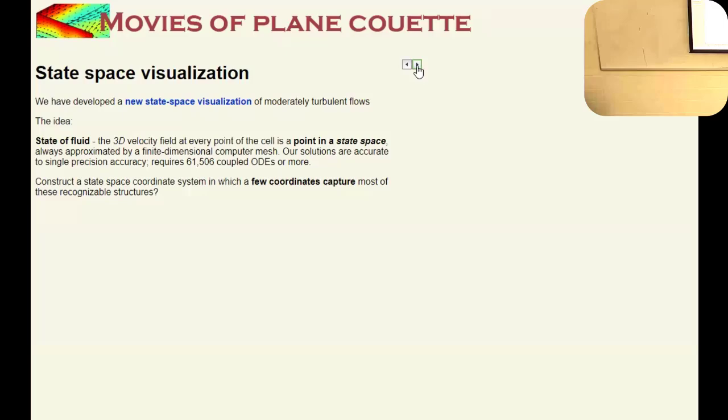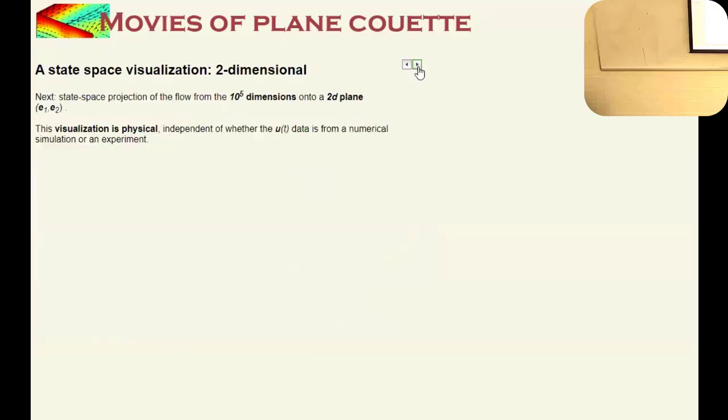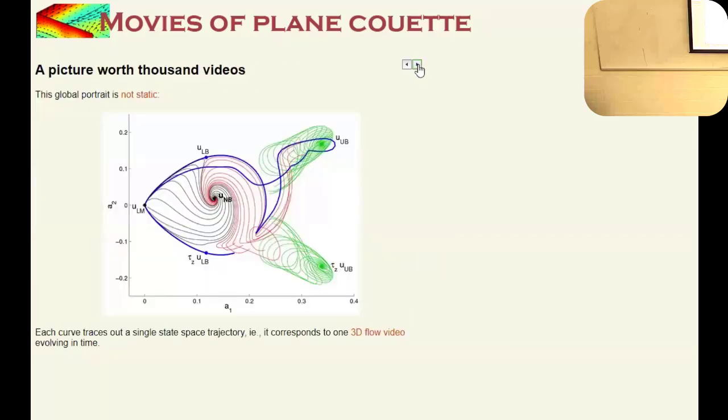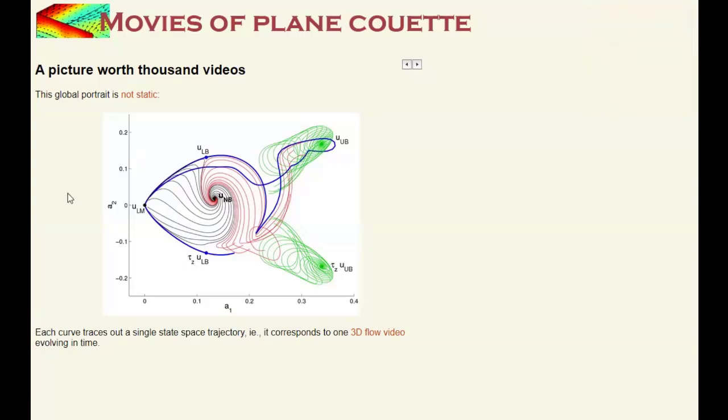And I'll go very quickly through this. But basically, we can start mapping out the state space of this fluid turbulence, and we can draw trajectories in which the equilibria we had before are isolated points, and these other solutions, we can track them down.